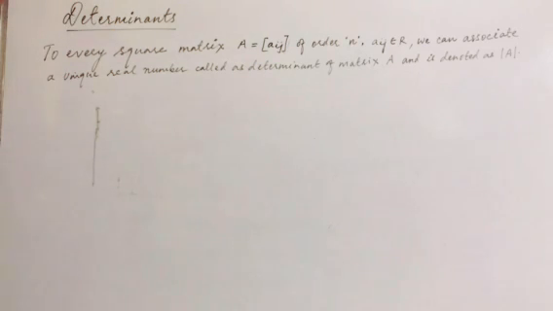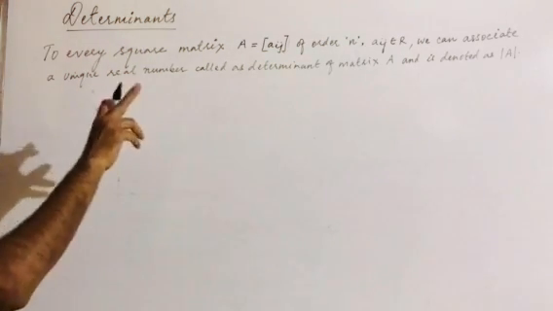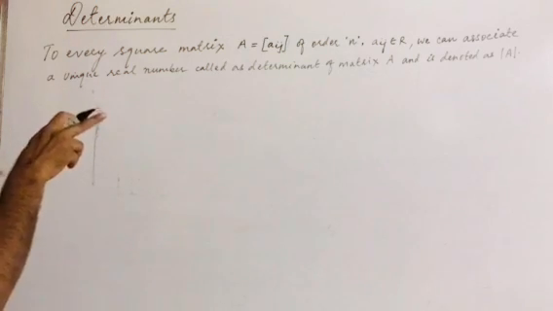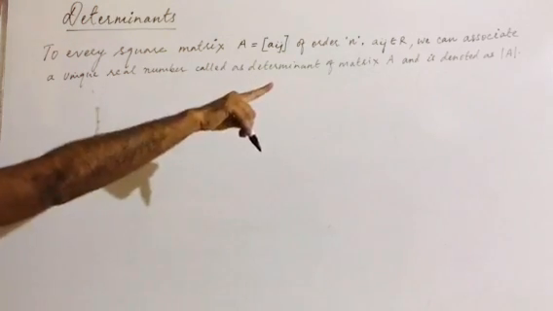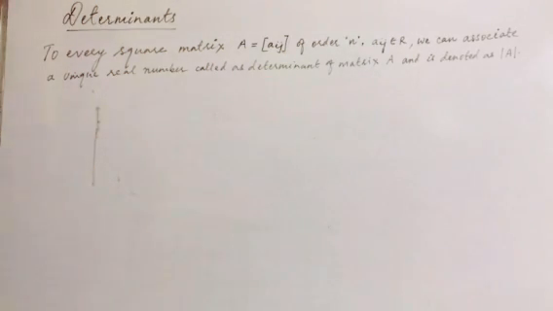In a simple way, the magnitude which is assigned to any matrix is called its determinant, and if the matrix is denoted by A, the determinant of the matrix will be denoted by the symbol mod of A. Am I clear, all of you?